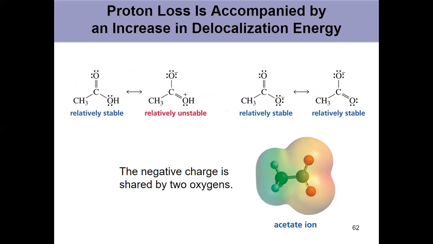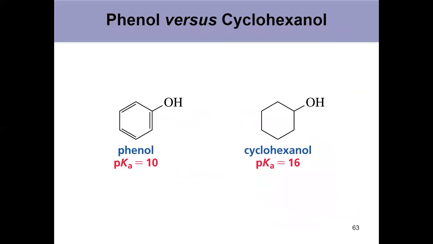But now we can think about delocalized electrons even further and compare something like phenol versus cyclohexanol. And there we see a difference in pKa of 10 versus 16, even though it's an alcohol in each case. And again, phenol is more acidic due to an increase in delocalization energy, which is really what this is all about.